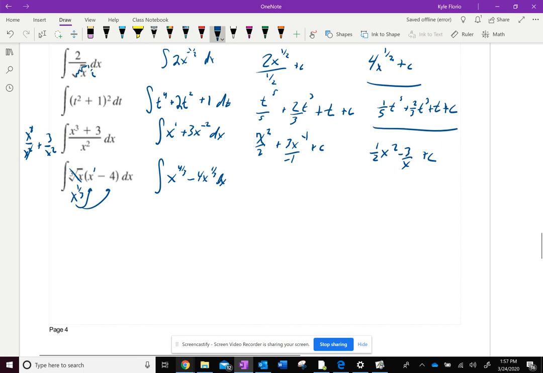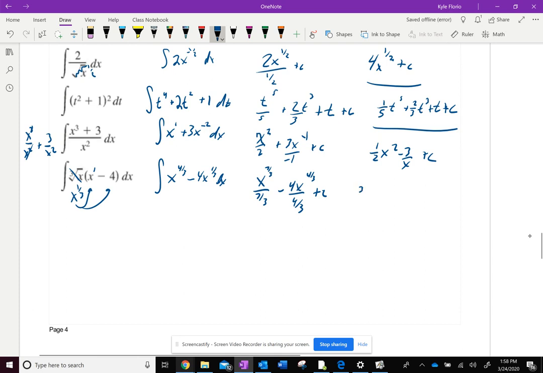Now here's where the calculus comes in. If I take x to the 4/3, now I can use the power rule. 4/3 plus 1 is 7/3. So x to the 7/3 over 7/3. This next one is going to be minus 4x to the 1/3 plus 1 is 4/3 over 4/3, plus some constant. Again, keep, change, flip, or whatever.